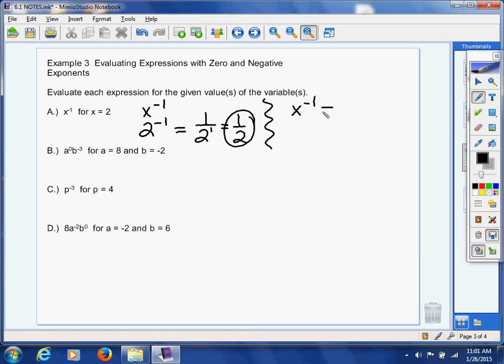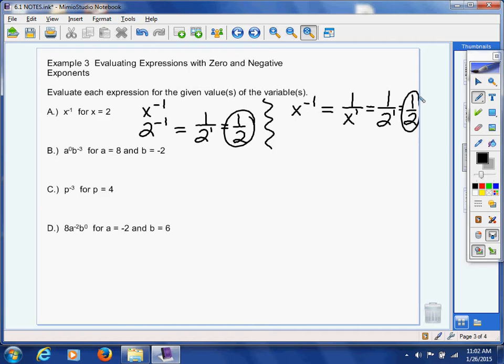And so what you do from here is you go, well, I can't leave x to the negative 1 up top. It's negative in the numerator, so I'm going to bump it down to the bottom, and it'll become x to the positive 1. And now I'm going to plug in my 2, and then I'm done, because 2 to the first power is just 2. I don't really care which way you do it. You just need to do what makes sense to you, okay?